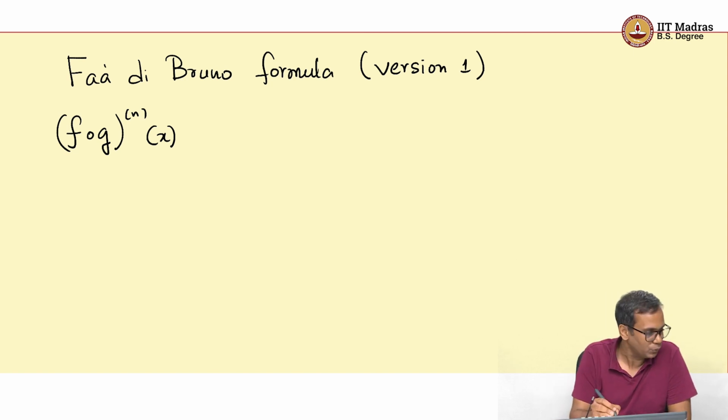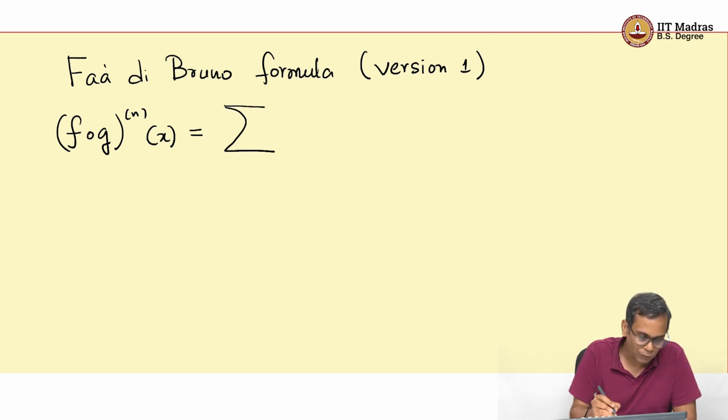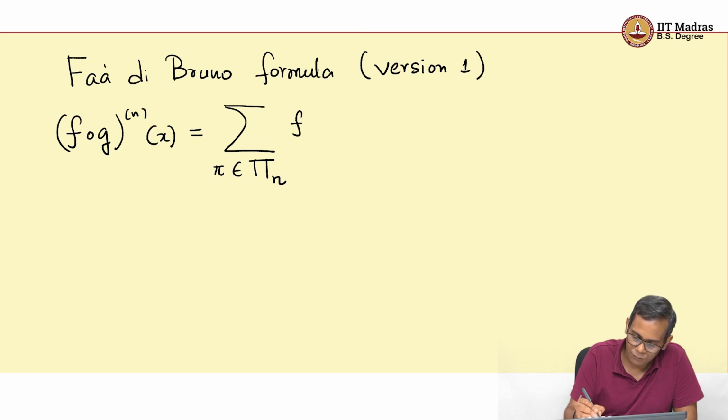But if these were true, then what you would get is a sum, and surprisingly what happens here is it's a sum over all set partitions of n, and then you would take f, and how many times would you differentiate it? The number of blocks of pi.